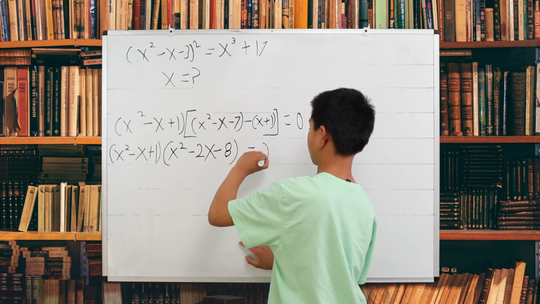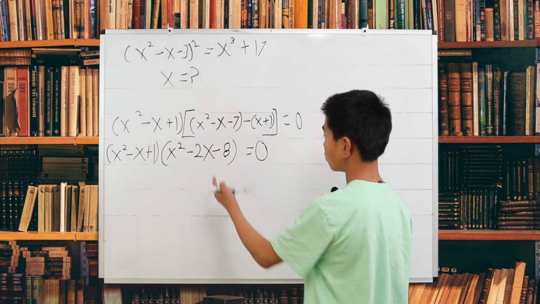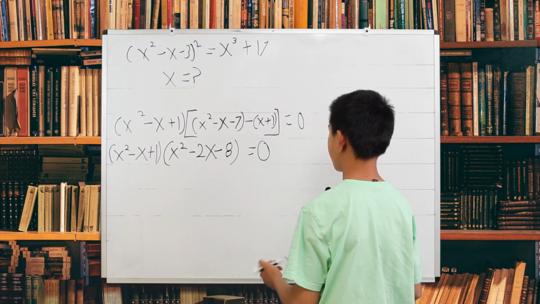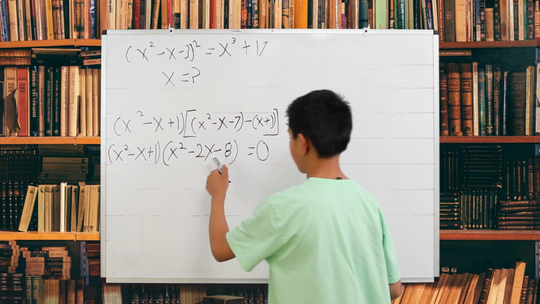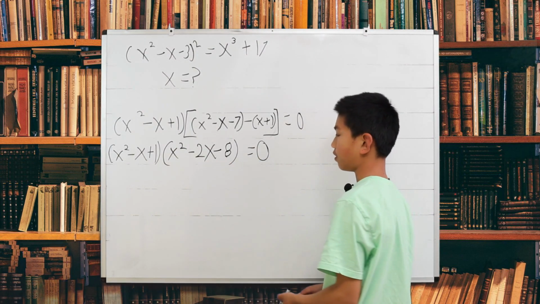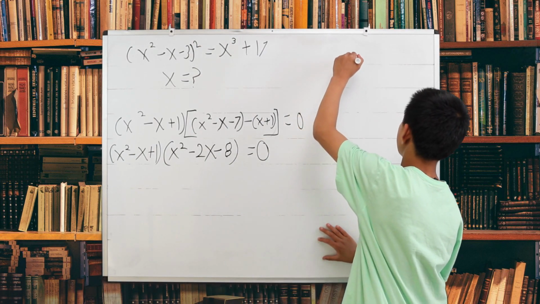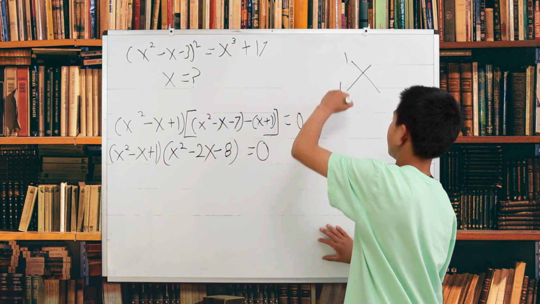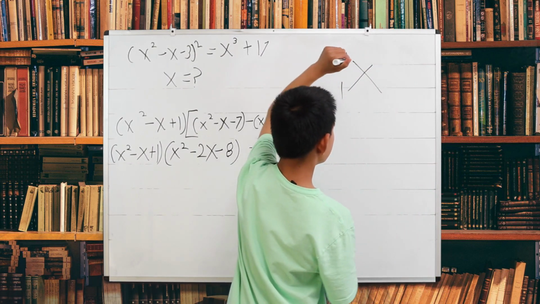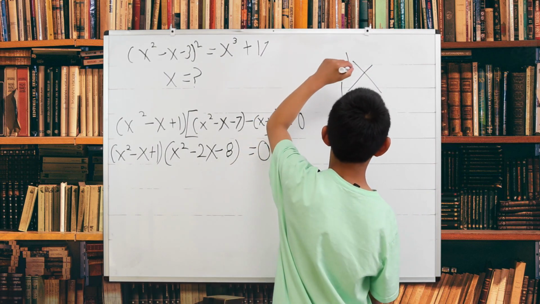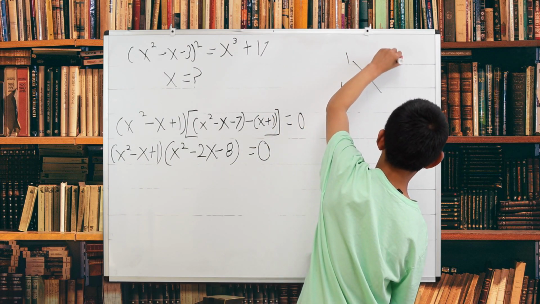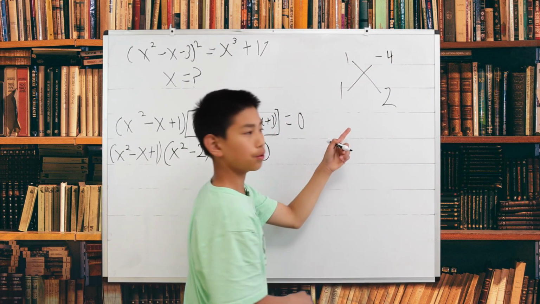Now we see that this inside is a quadratic equation, and we can actually factor it out into one term times another term. And so what you're left with is these numbers. Since it's negative 2 here, it's negative 4 and positive 2 right there.